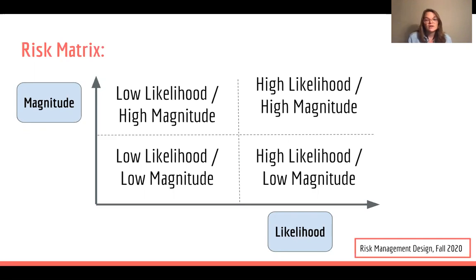And then when we're looking at a risk, we can say, is it high likelihood, high magnitude? If that's the case, then how do we bring it to low magnitude? Can we remove some of the impacts of it? Can we redesign our organization to remove that? How do we bring it to low likelihood? Maybe that means that we remove data from our systems. Maybe that means that we more securely address different areas.